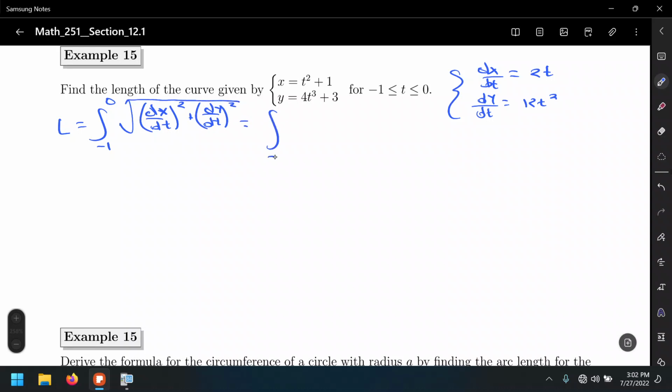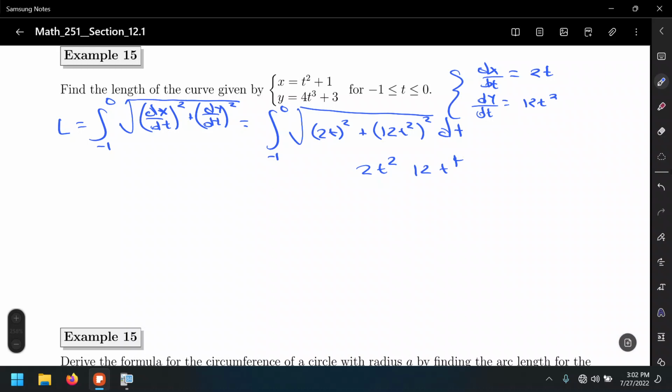Well, in this case, that's the integral from -1 to 0, and that's the 2t. Be careful when squaring the 2t and the 12t squared, because this square is going to affect not only the variable but also the coefficient. That's a very common mistake, to just write, oh, that's 2t squared and that's 12t to the 4th power.